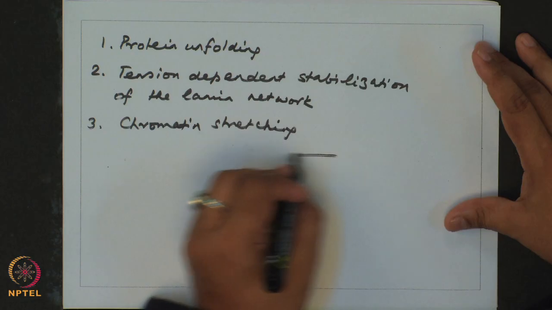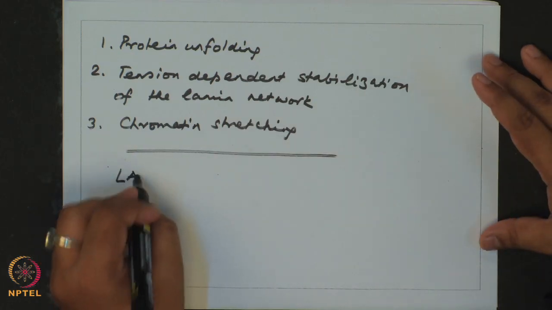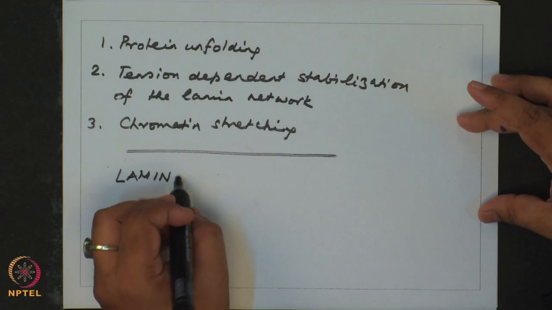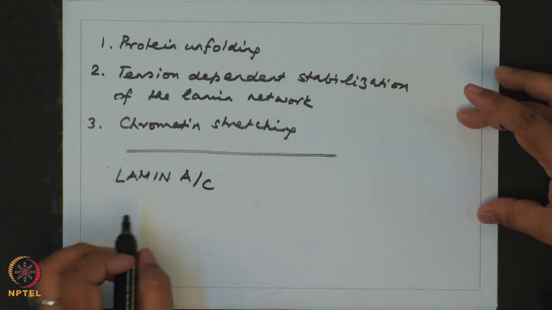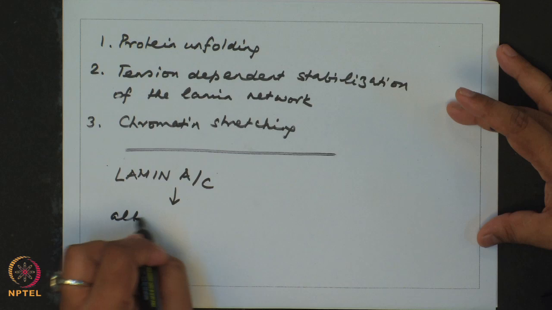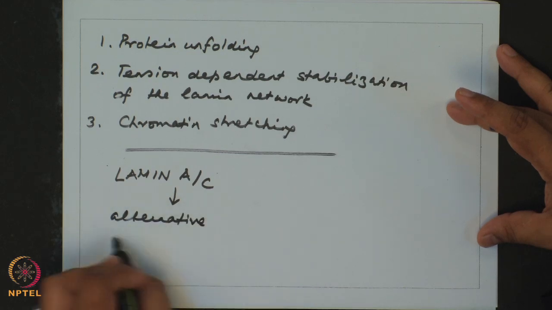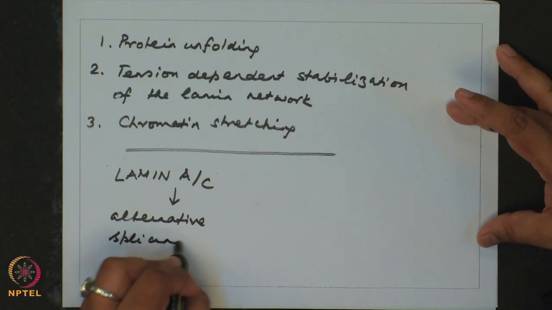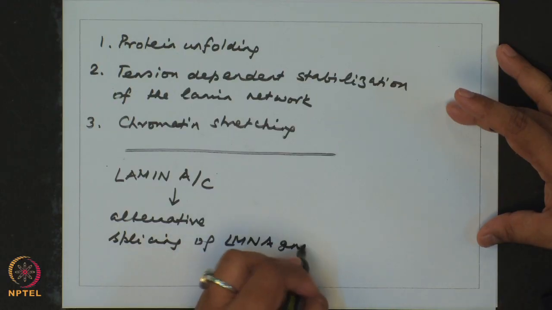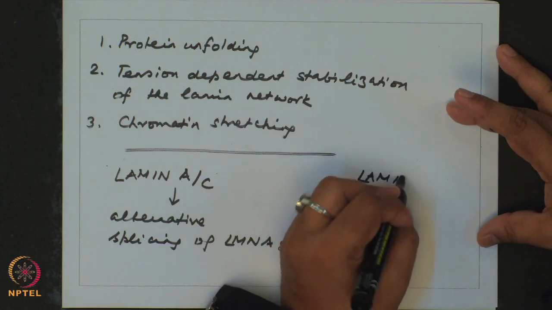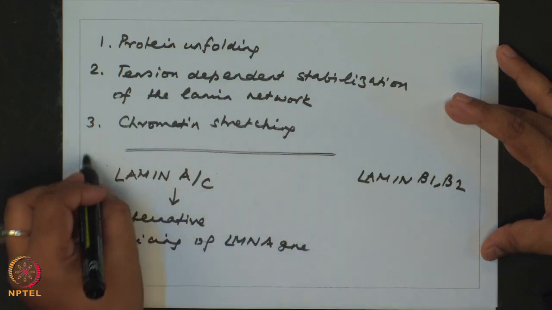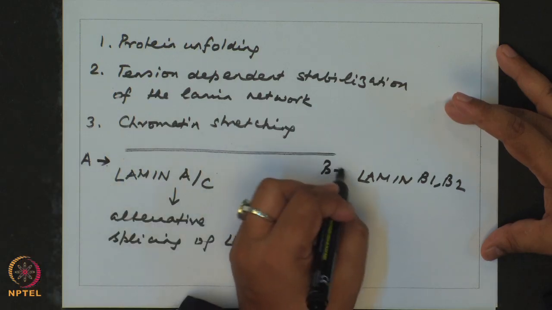So, if you look at lamin expression, there are two types of lamins. You have lamin A/C. So, this is because of alternative splicing of lamin A gene, and you have lamin B1 and B2. So, you have A type lamins and B type lamins.